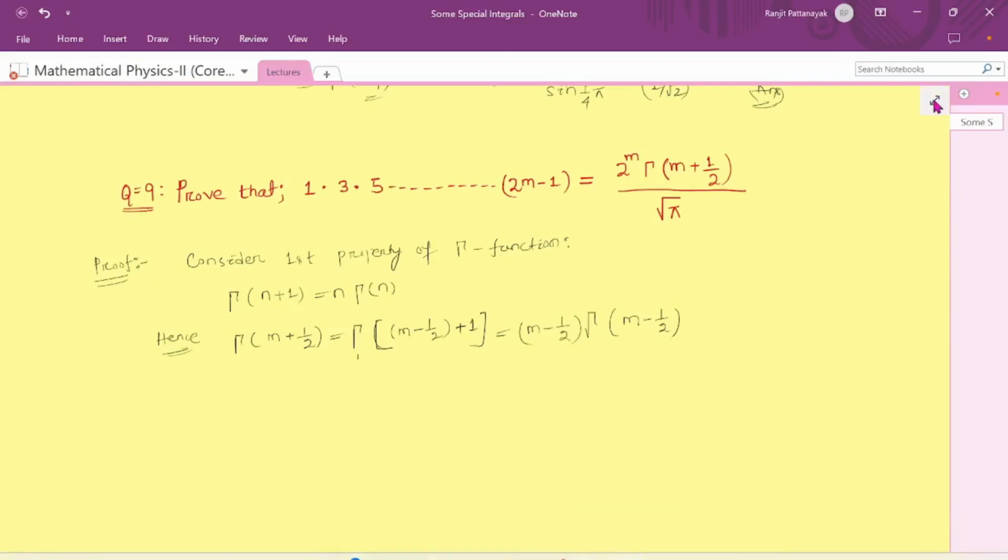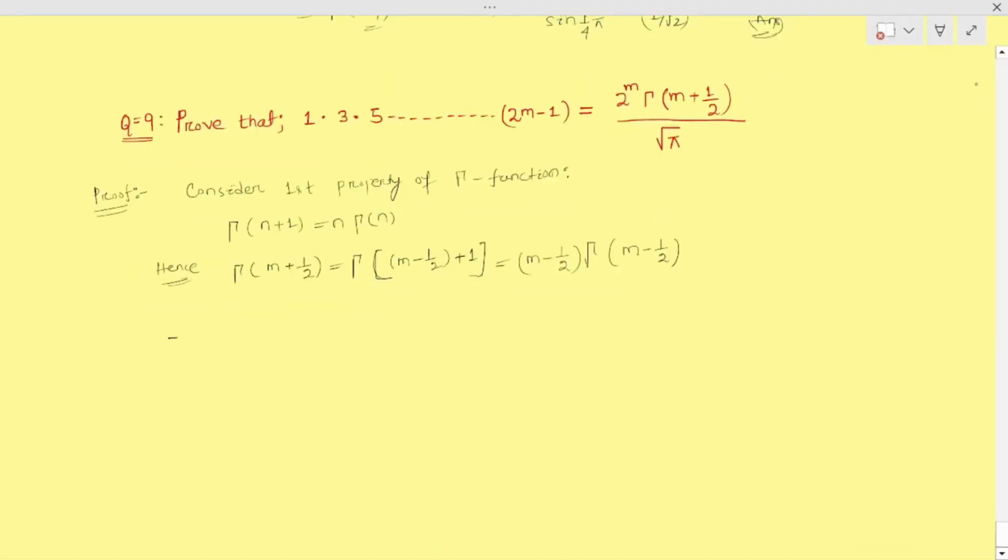Here you can see that this implies gamma m plus 1 by 2 will be equal to m minus 1 by 2 into gamma m minus 1 by 2. This gamma m minus 1 by 2 also can be written as gamma m minus 3 by 2 plus 1, because minus 3 by 2 plus 1 is obviously minus 1 by 2, right?